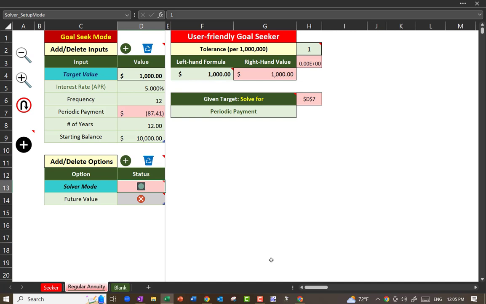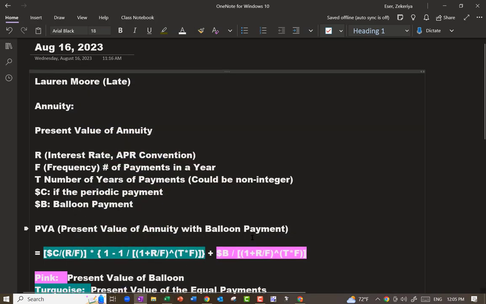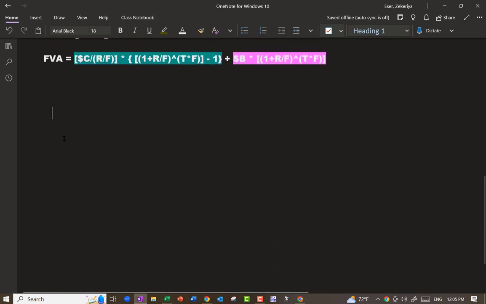All right, let's solve a problem. Car payment, or as they say it in Boston, car payment. You are financing $25,000 of a car purchase.